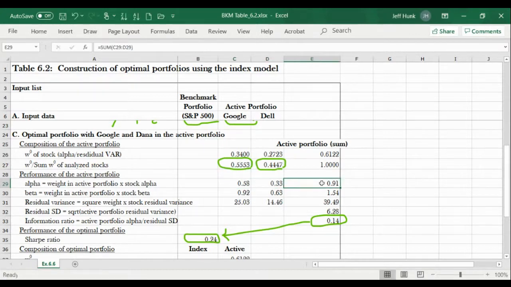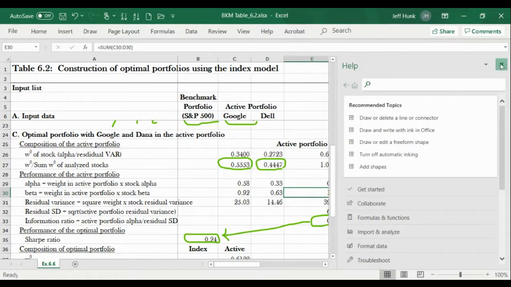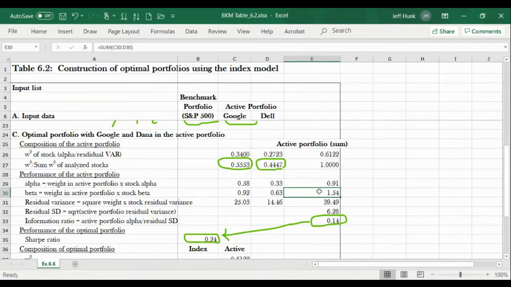They are weighted, and so weighted average of that or weighted sum, they mean the same thing. Beta, also the same thing. The weight of Google and weight of Dell, and I'm running out of time and I'm pressing on anything. Weighted average, right? And then residual also weighted.